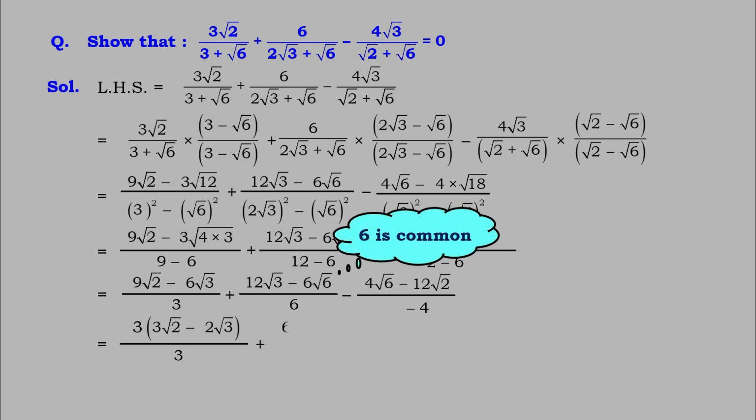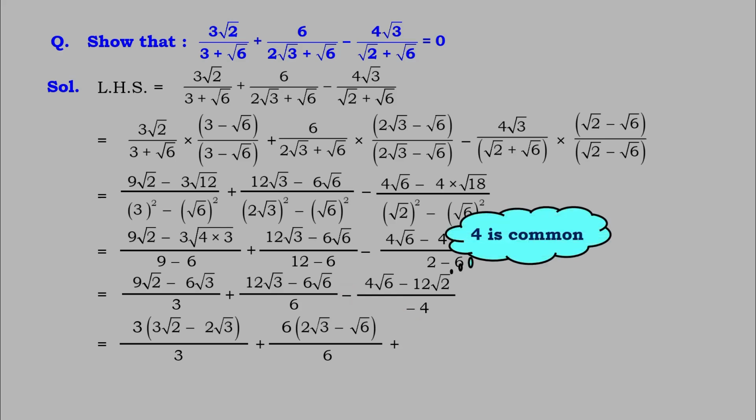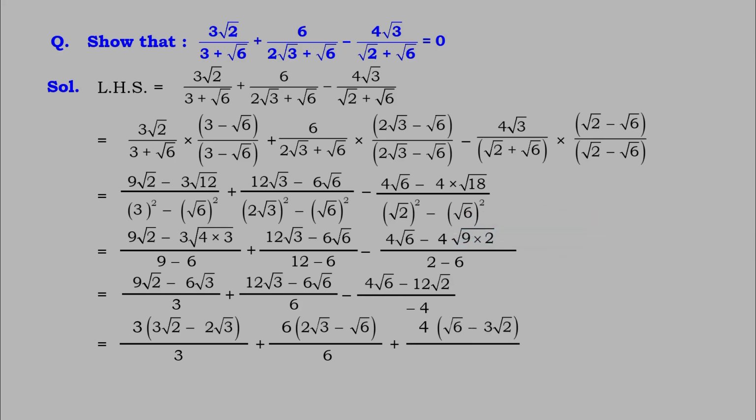Next in this case 6 is common, we will take that one. And since there is minus and in the denominator also we got minus, so that will become plus. And we will take 4 as common. Now cut this. This is the final we got.